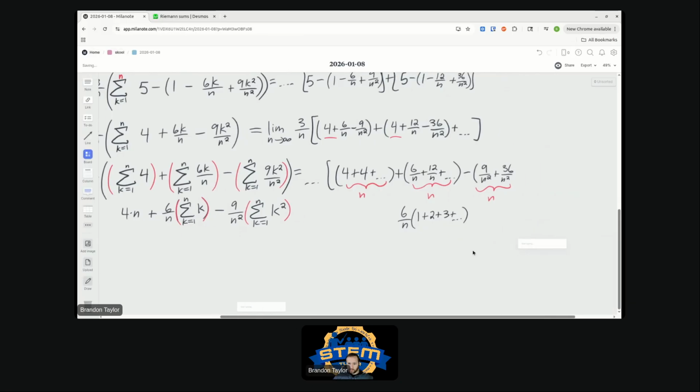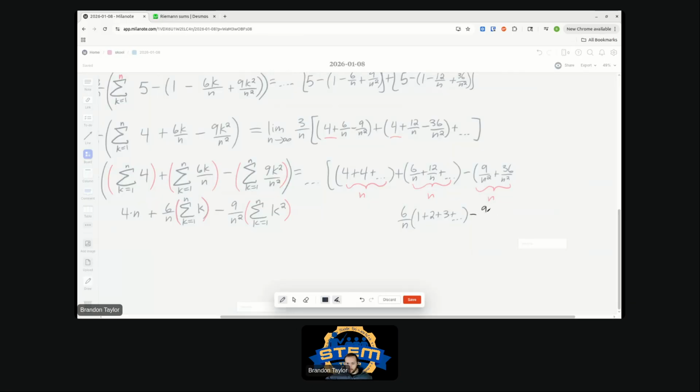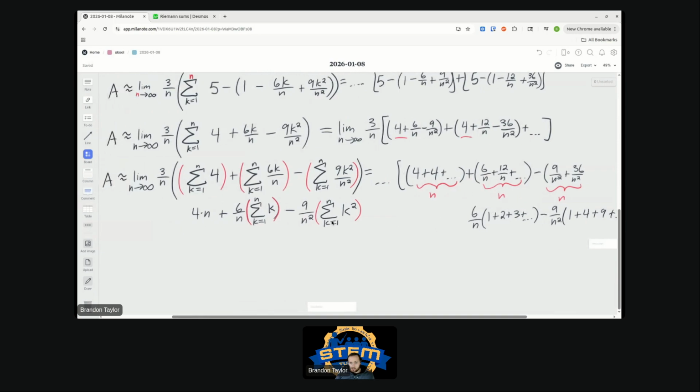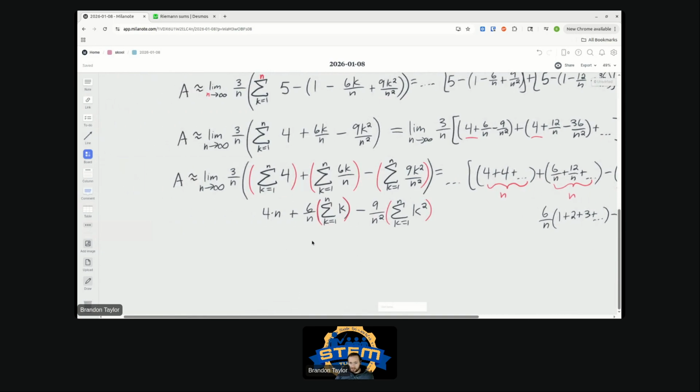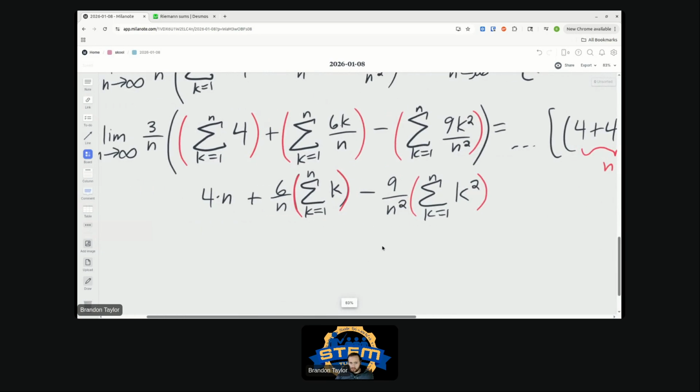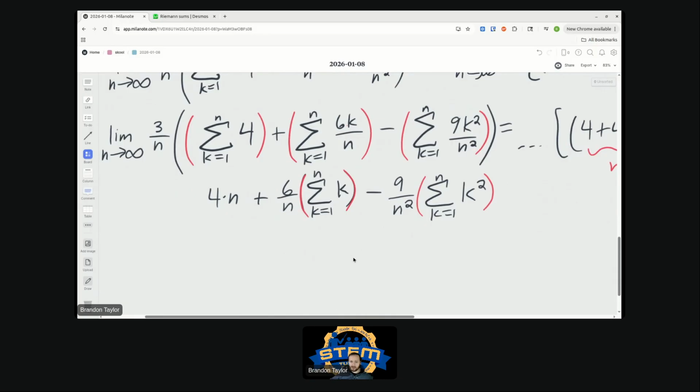That should be minus 9 over n squared, and then we'll be left with k squared. That's 1 plus 4 plus 9, right? 1 squared is 1, 2 squared is 4, 3 squared is 9, plus dot, dot, dot, and you just do that forever. So hopefully that makes sense. Again, at every single step here, we're really just using properties.